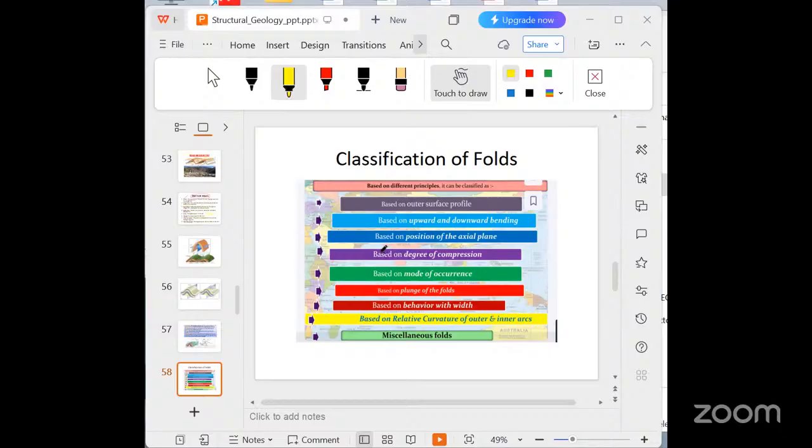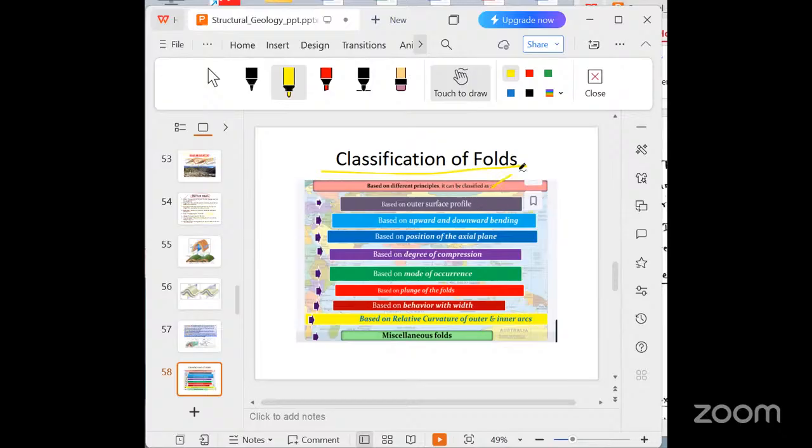Now the classification of folds. You see here, those are based on different principles.